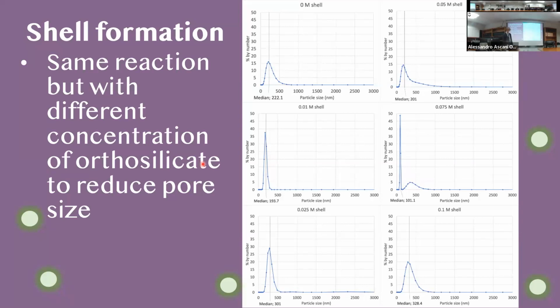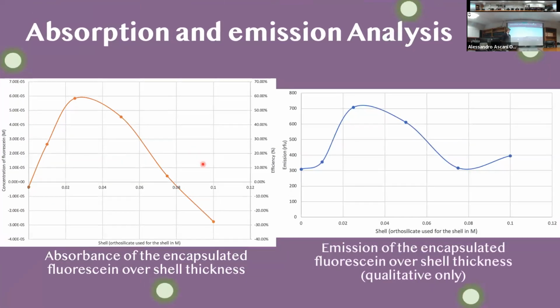Further, if we analyze the particles under absorption and emission analysis, in particular the absorption analysis, we notice this trend. And I want to bring your attention to the starting to rise curve in the absorbance. What is happening here is that the orthosilicate, the silanol groups, are all aggregating onto the already formed particles. And doing so, they're slowly occluding the pores.